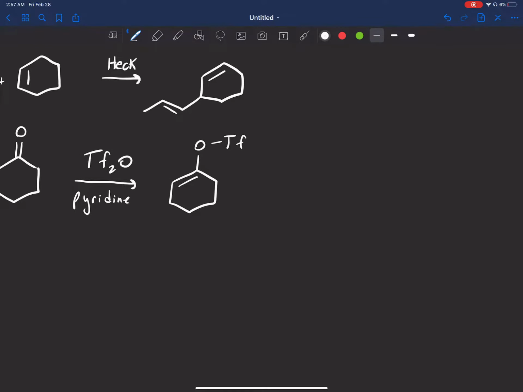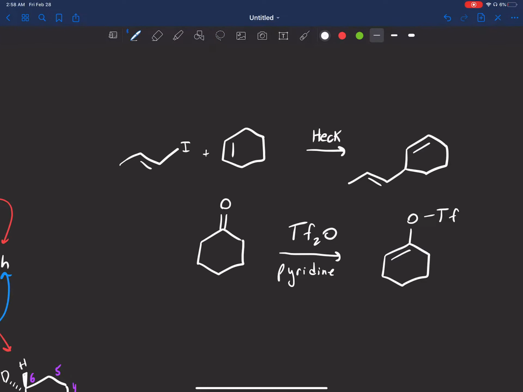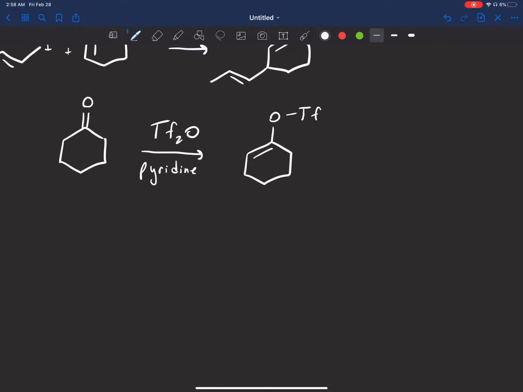Now, if you look at the original reaction here, our leaving group was on the compound that wasn't the ring, right? This regular carbon chain. The workaround for this whole idea is you want to put the leaving group on the ring, and it should be a triflate.